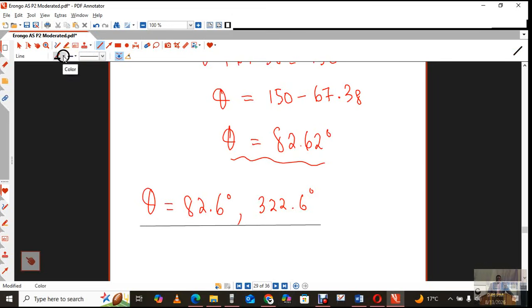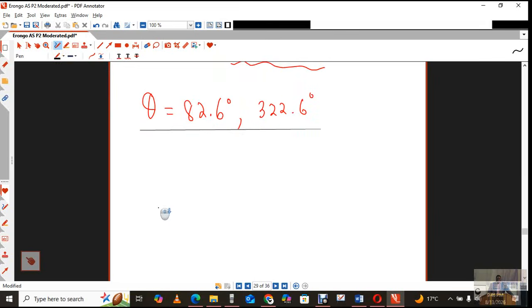Right, I just want to indicate a few things. What are coterminal angles? I'm just going to write it here so you can take note of it.